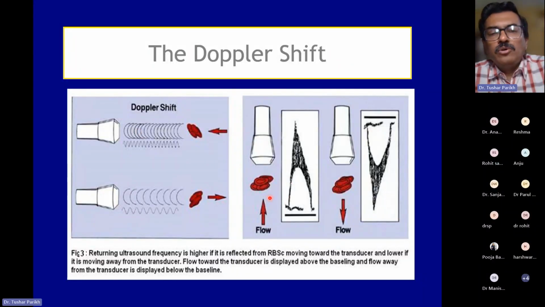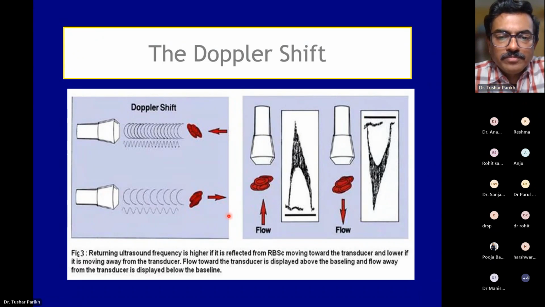The machine interprets the change in frequency and depicts flow towards the ultrasound probe as positive flow, and flow away from the probe as negative flow, shown below the line.